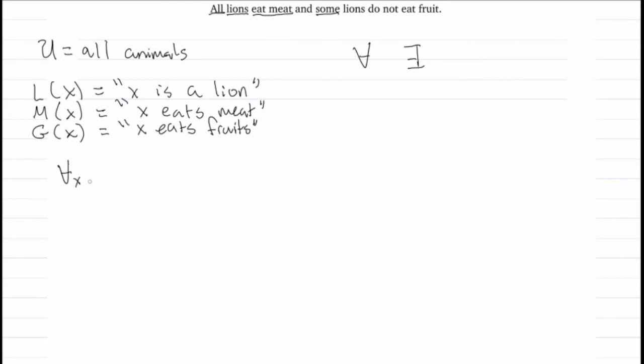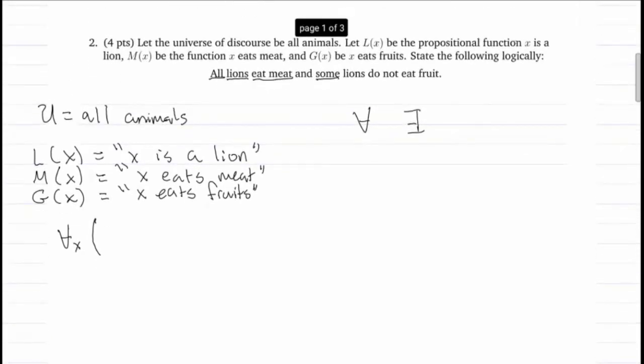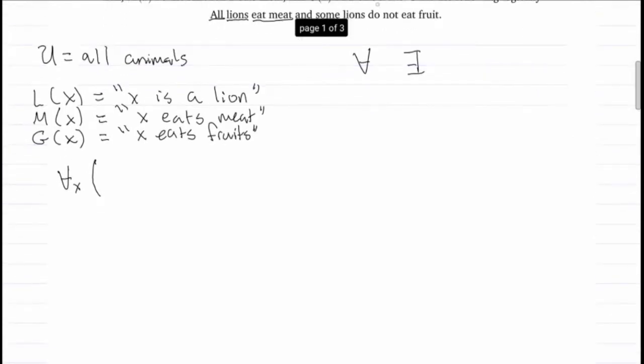So for all lions, we have to use our universe of discourse of all animals because we haven't got a specific one at the moment. So it says for all x, we have to state that it is a lion, so L of x, and we also have to state that it eats meat.